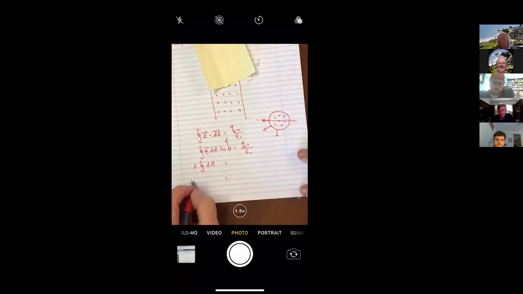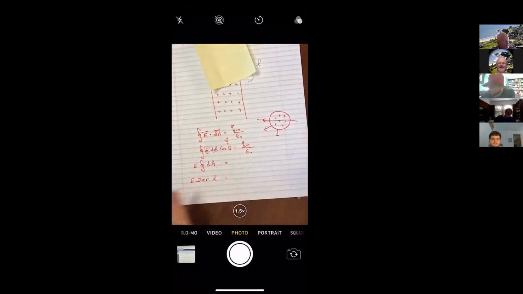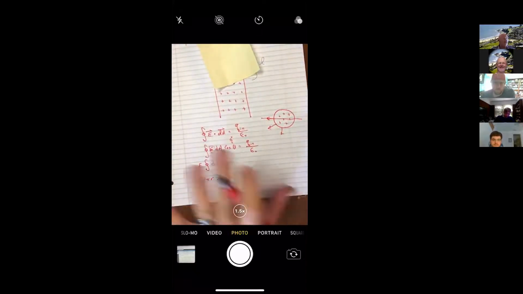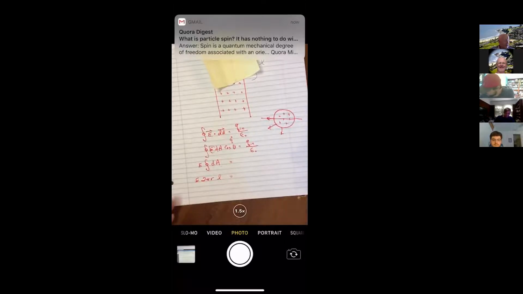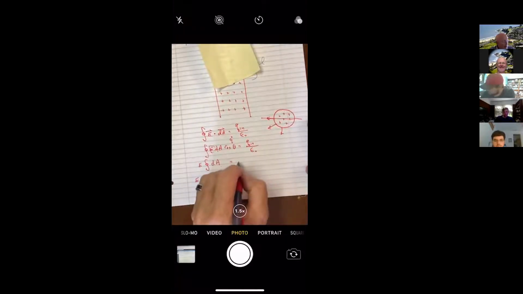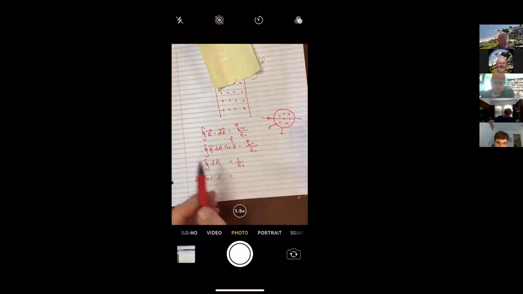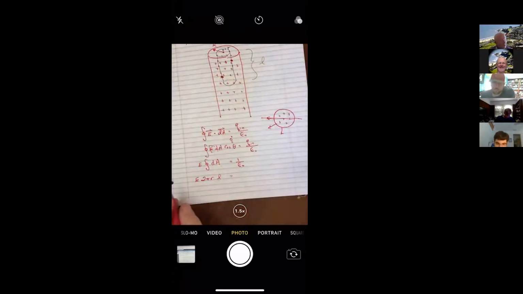So the area would be 2 pi r times L. So that's the left-hand side of the equation. The right-hand side of the equation is going to be a little bit harder. I will start with just the constant left alone, the permittivity of free space.